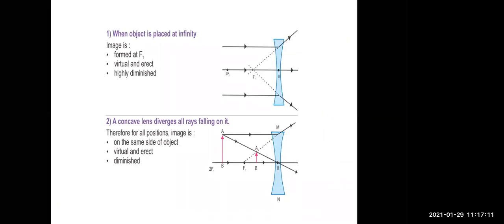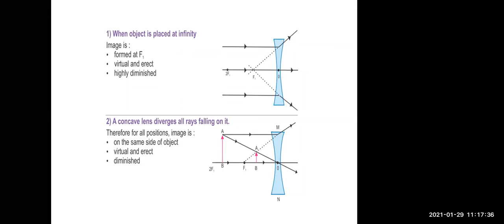Now, whenever the object is placed at infinity, what will happen? If the object is placed at an infinite distance, naturally we are not able to show the object on the paper, so we will consider only the incident rays. Here you can see with the help of arrows, incident rays are shown.